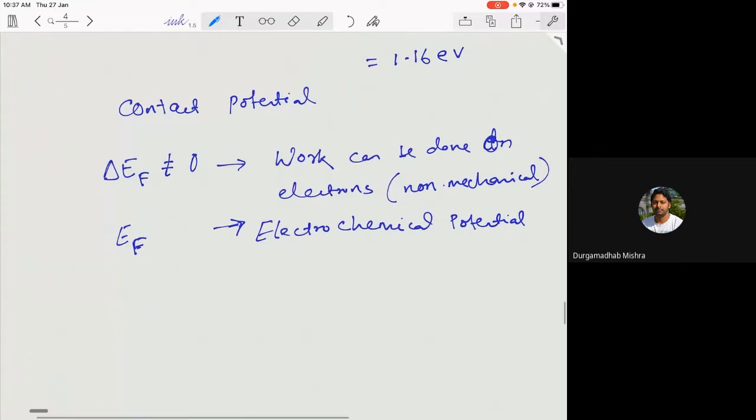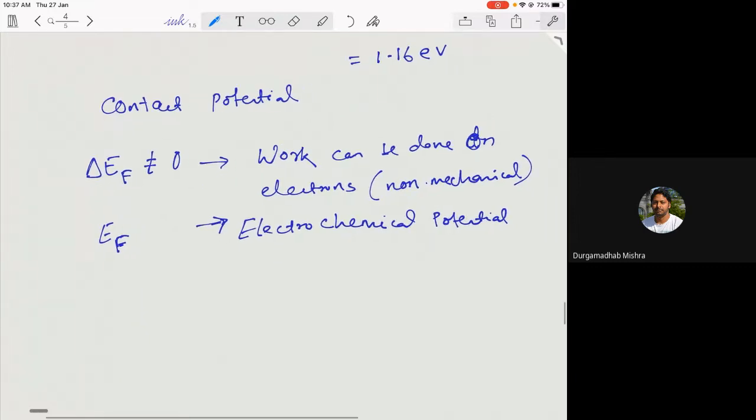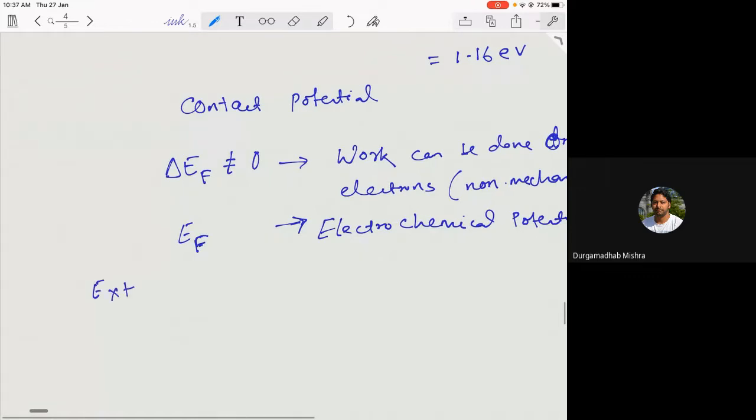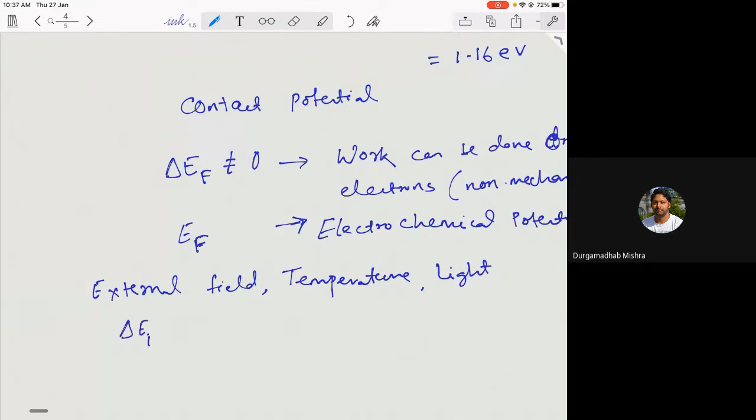You can do work only in the presence of an external field or a temperature, like heat, or shining light. If you apply this externally, then in that case delta EF will be non-zero, and that will lead to the flow of electrons.